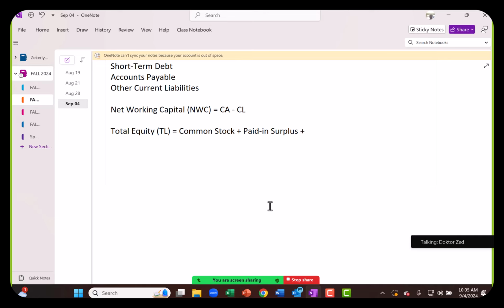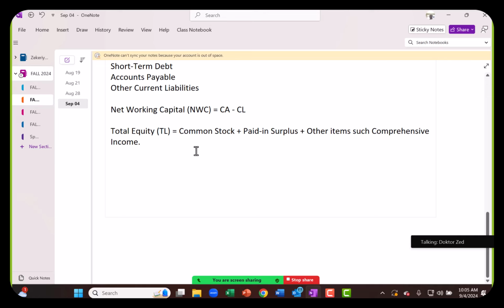And there are some other things, comprehensive income. We're going to talk about examples of those.